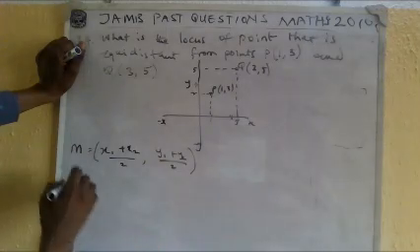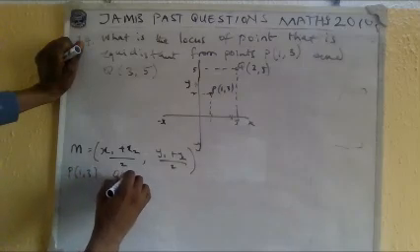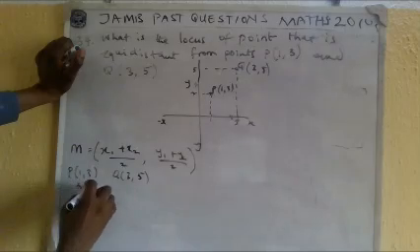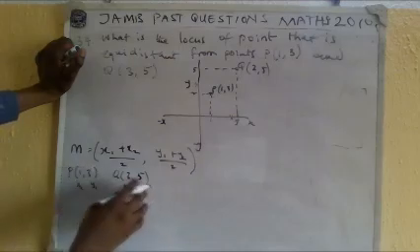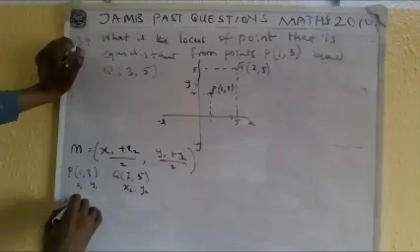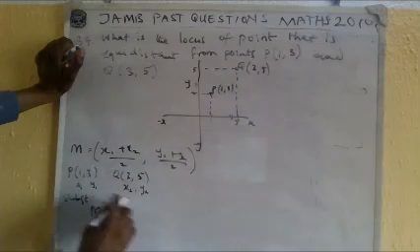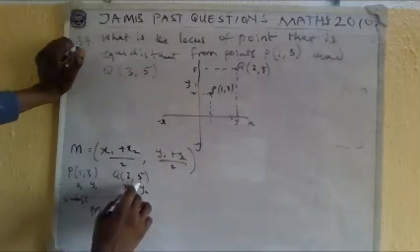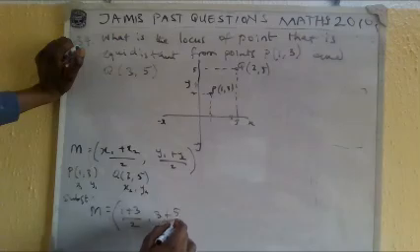So if we are considering point P 1, 3 and point Q 3, 5, this is x1, this is y1, this is x2, this is y2. So substitute in there. When you see x1, you put 1 plus x2, that's 3, 1 plus 3 over 2. Then y1 is 3 plus y2 is 5 over 2.